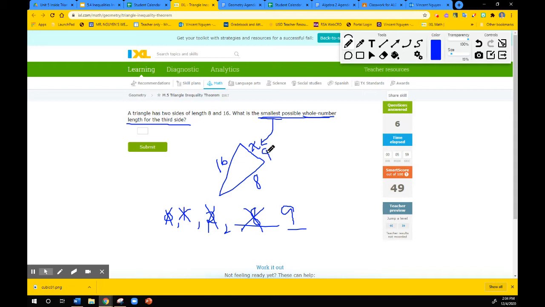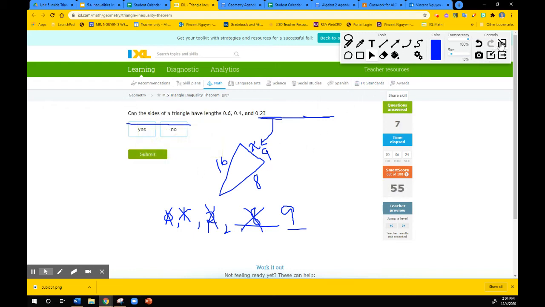So 9 will work because 9 plus 8 is 17, and 17 is bigger than 16. So I'm going to say 9 is the smallest whole number that will work. 10 will work, 11 will work. Anything bigger than 8 will work, but the smallest whole number is 9. So I'm going to put in 9.